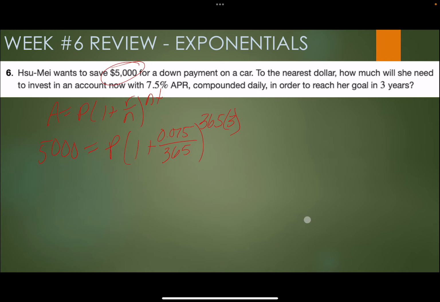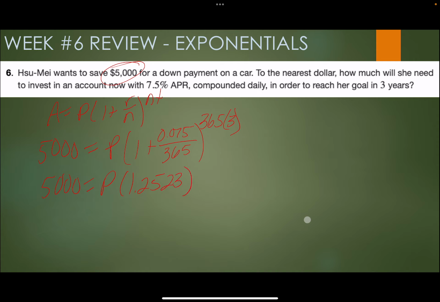So this is a little bit of a different one because we have to get that number next to P first before we can do anything else. So let's put it in the calculator. 1 plus 0.075 divided by 365, to the 365 times 3. Okay, so this number I get is 5,000 equals P times 1.2523.